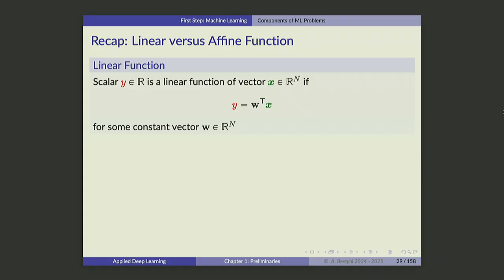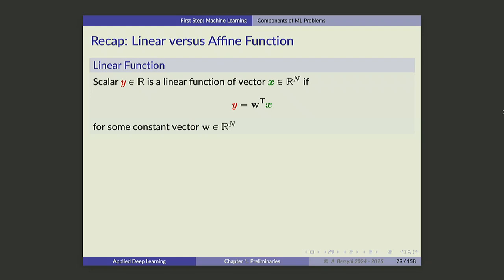And you can keep on going, to three-dimensional space, and you can keep on going up, right? So it's in general a kind of line, a hyperplane, in a very high-dimensional space, right? Clear? So this is why we call it linear. The key factor about this is that it is passing through the origin. If I set x equal to 0, then y is going to be 0.